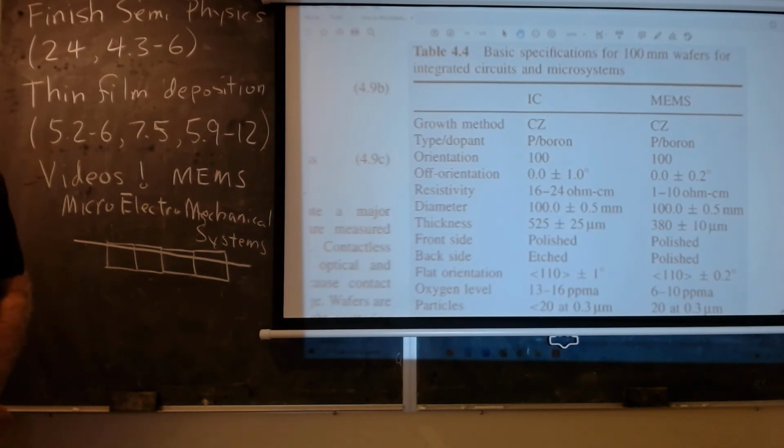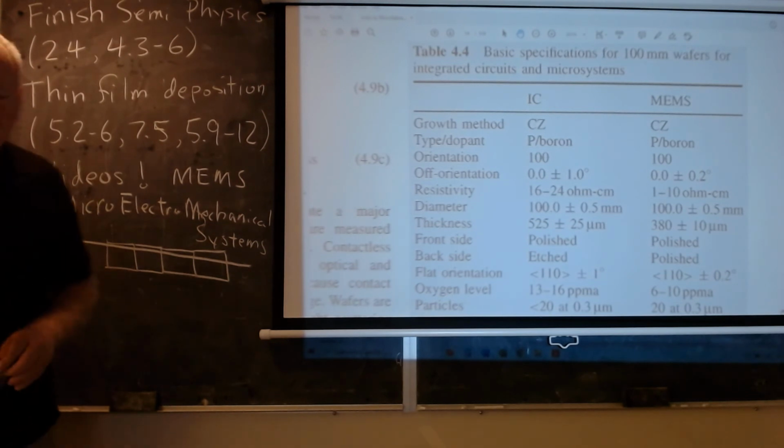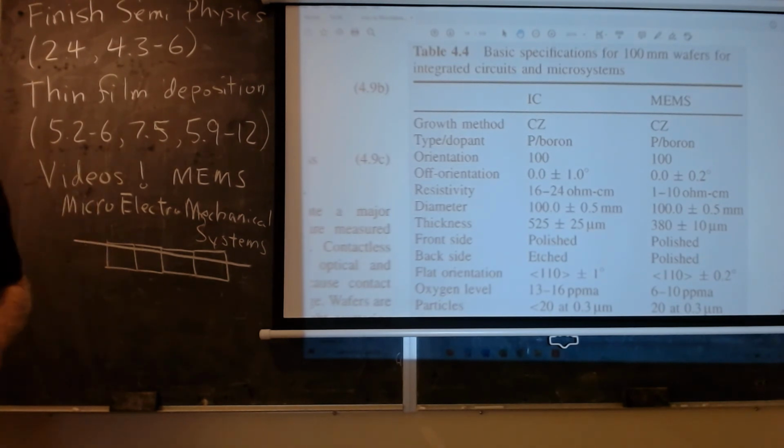You can get into situations where both sides are polished and you start fabricating on one side. You may not be able to tell which side you've been fabricating on. So sometimes it's nice to define a front and back side that way.